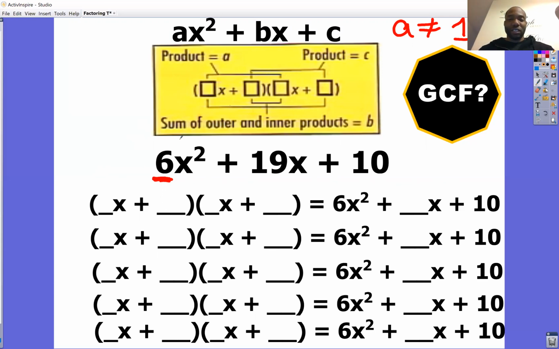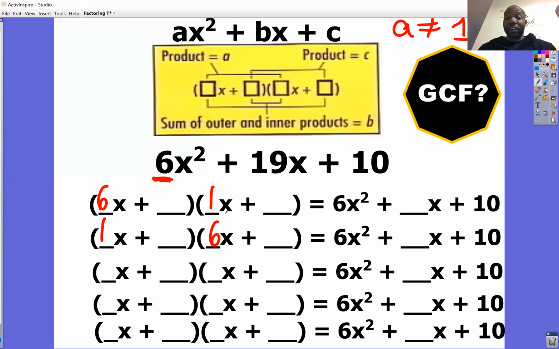But the issue is that it's a 6. So we actually have to factor 6x squared. So there are several things that factor into 6x squared. So to set up my first term here, I can have 6 and 1. I can flip that around and have 1 and 6.